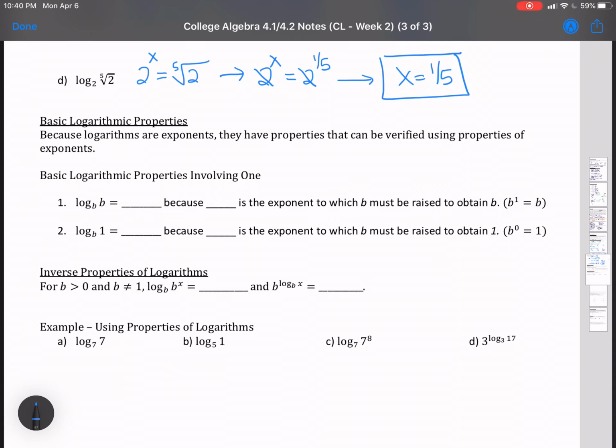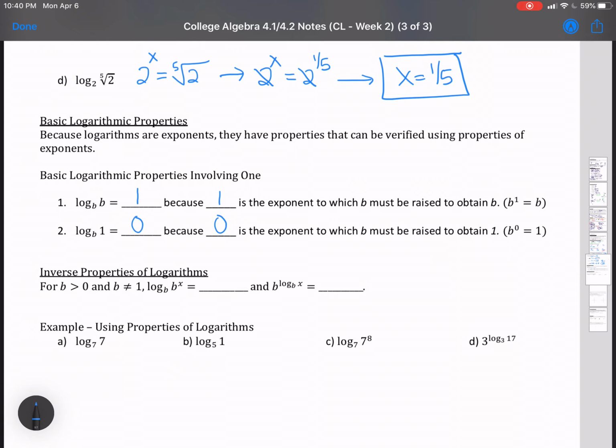So log base b of b equals 1, because 1 is the exponent to which b must be raised to obtain b, meaning b to the first power equals b. Our other main rule, log base b of 1 equals 0, because 0 is the exponent to which b must be raised to obtain 1, or b to the 0 power equals 1.